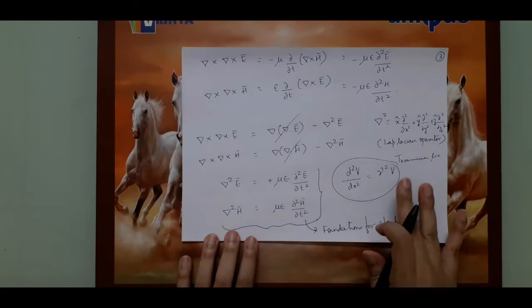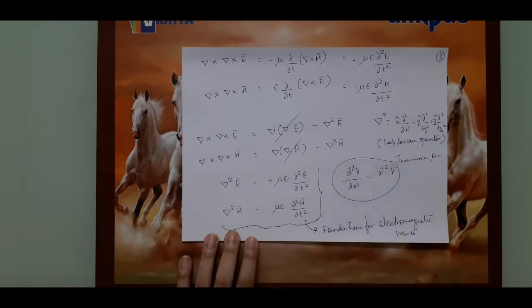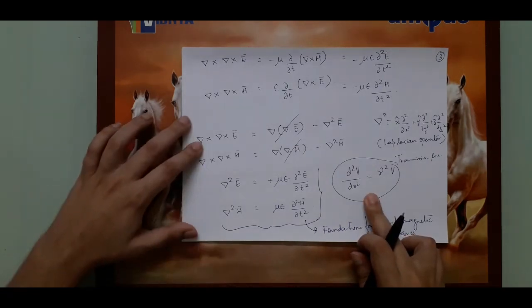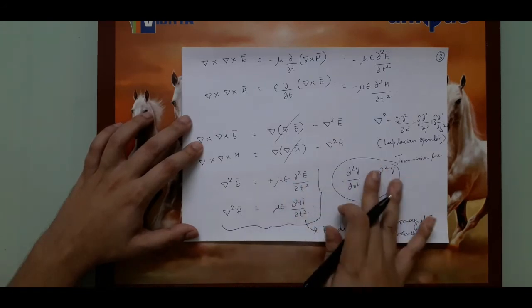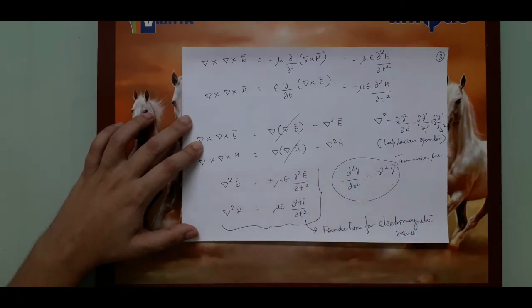Notice that once again the nature of the E field and H field differentials is very similar to the voltage differentials and current differentials on the transmission line. So therefore we can definitely say that there is every chance that just like the transmission line solution was a wave, even this will be a wave.